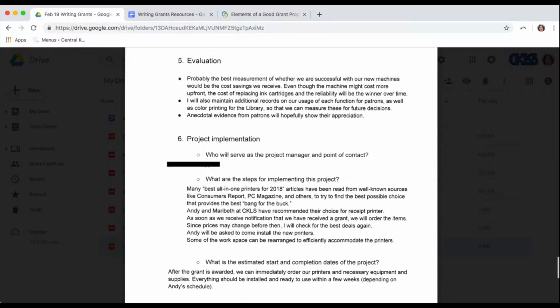But this time they took some time and said you can see the cost savings with the amount of toner and paper and the use there. It'll also be able to maintain additional records, and patrons will be able to tell them, I appreciate now that I can print at this library.